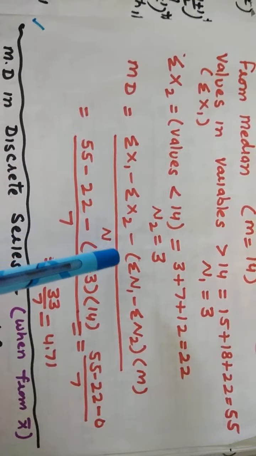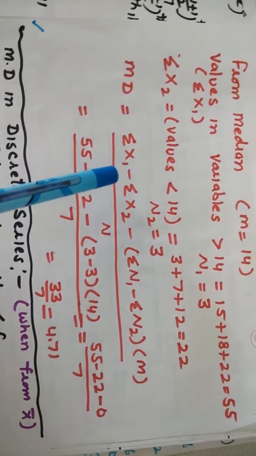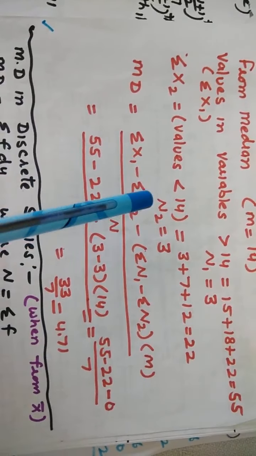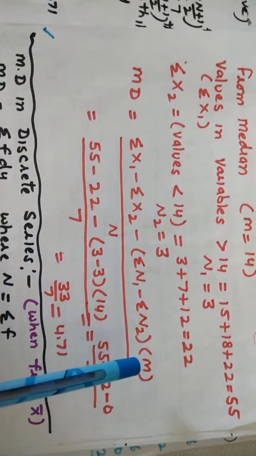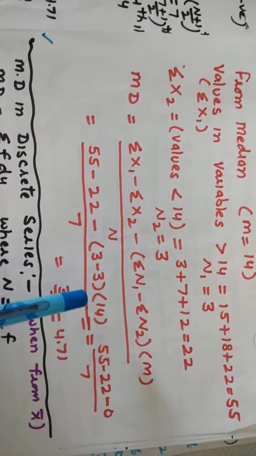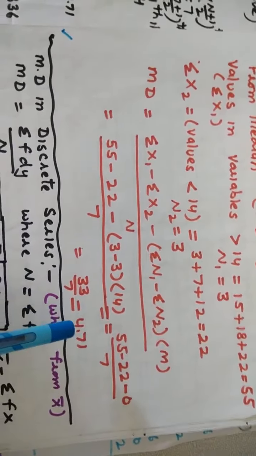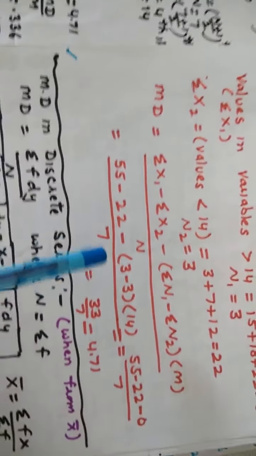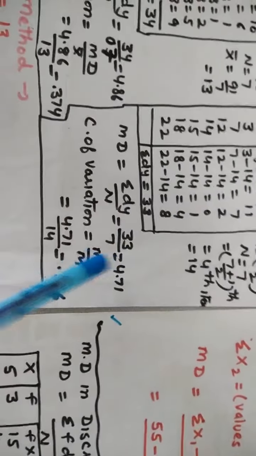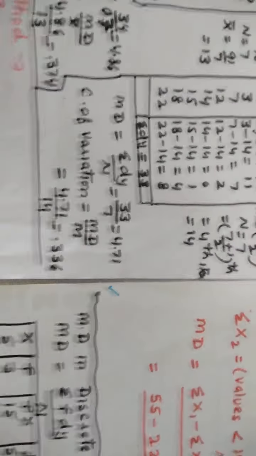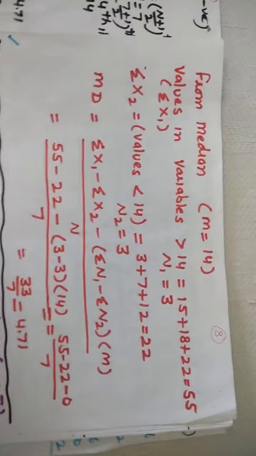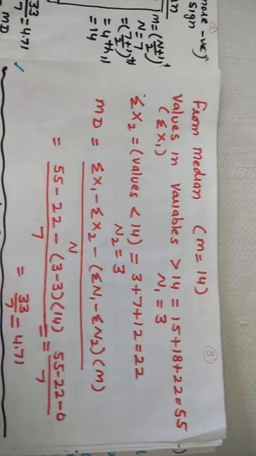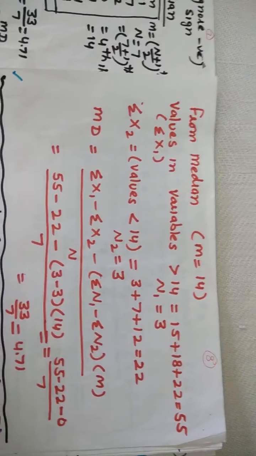Put the values in the given formula: summation x1 is 55, summation x2 is 22, n1 is 3 and n2 is 3. Here the median is 14. By calculation we get 4.71 as MD. Mean deviation from the median is 4.71 and also mean deviation with the direct method is 4.71. So this is the first method we use in an individual series.